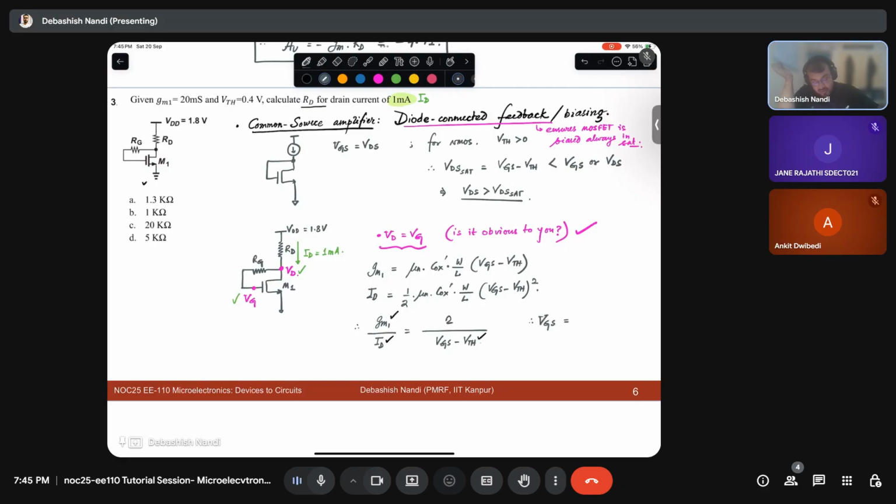VGS will be equal to what? GM is 20 milli, this is 1 milli, so this will give me 10, this will give me 20, and this will give me 0.1, and VGS minus VTH is 0.4, right? So VGS will be 0.5 volt.